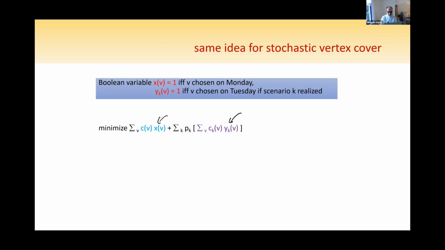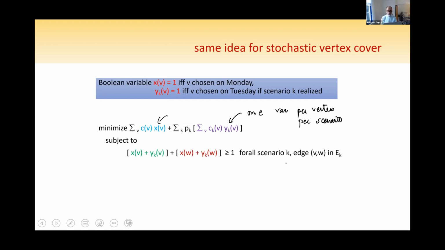So this LP has one variable per vertex and per scenario. And it really just explicitly writes down, subject to, for every edge uv, either its left endpoint is covered on day 1 or on day 2, or its right endpoint is covered on day 1 or on day 2, if this edge appears in scenario k, and scenario k happens.